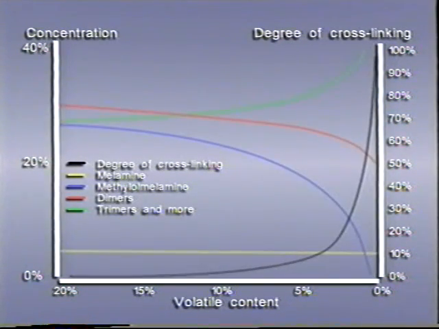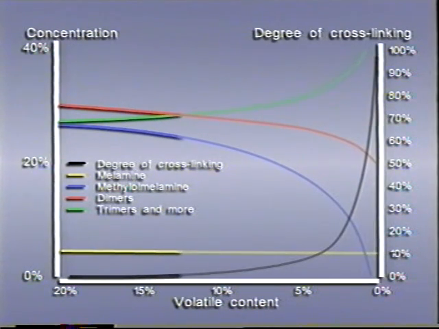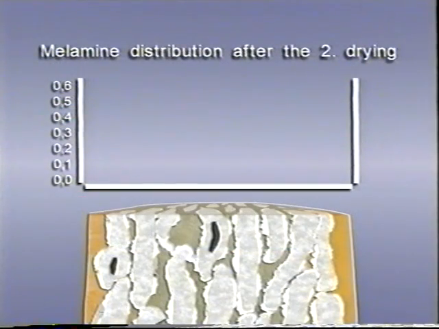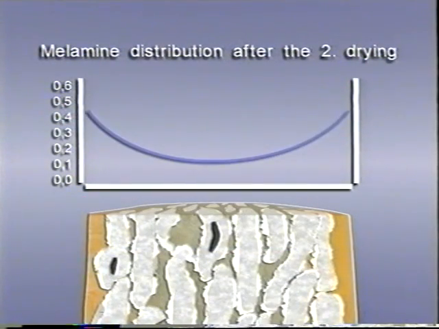The molecular distribution clearly shows that when paper is dried too far, the concentration of dimers and trimers, as well as the degree of cross-linking, vastly increase. In this case, the melamine resin is no longer flowable, and the impregnates are no longer usable. One could assume that once the core has been impregnated with pure urea resin, melamine would only be found on the surface.